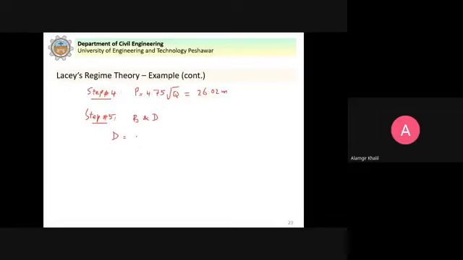So the formula is D equal to P minus square root of P square, where P is the wetted perimeter, minus 6.944 into area A, divided by 3.472.